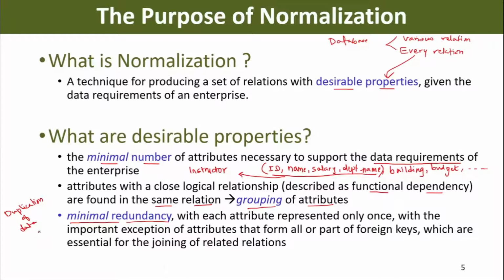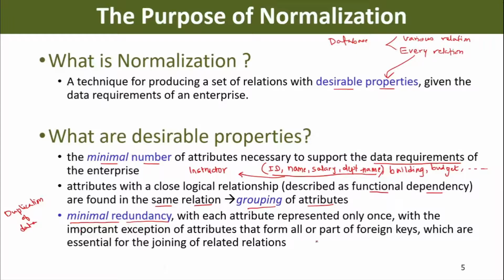Right? So each attribute should be present only once. The only exception might be in terms of the foreign keys.